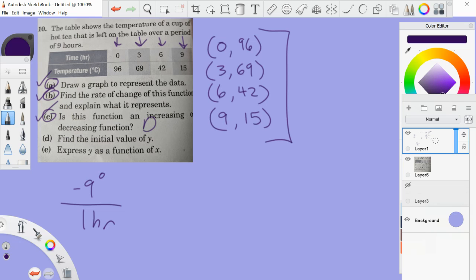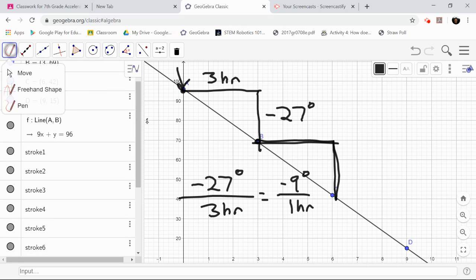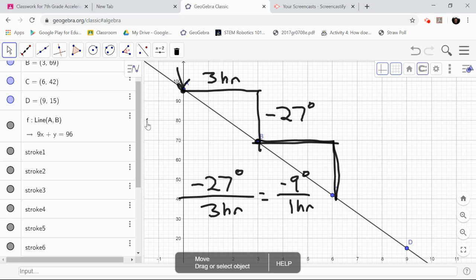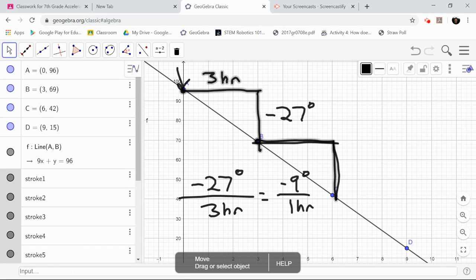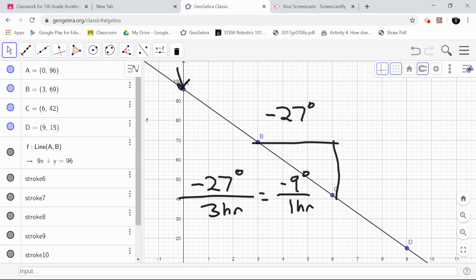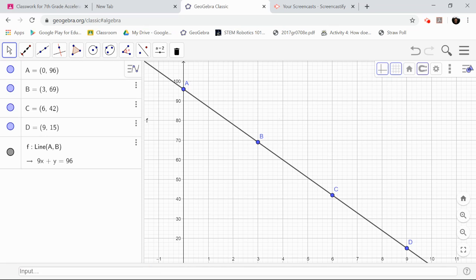Find the initial value of y. The initial value is when x equals 0. That point is going to have our initial value of y. Let me go ahead and clear this up a little bit. There we go.